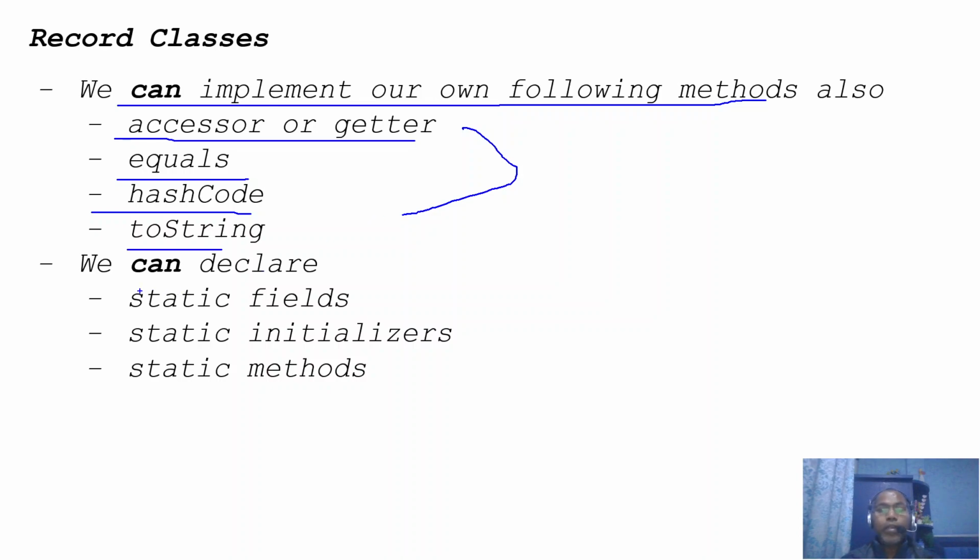And you can also declare static fields, a static initializer block and methods in a record class.